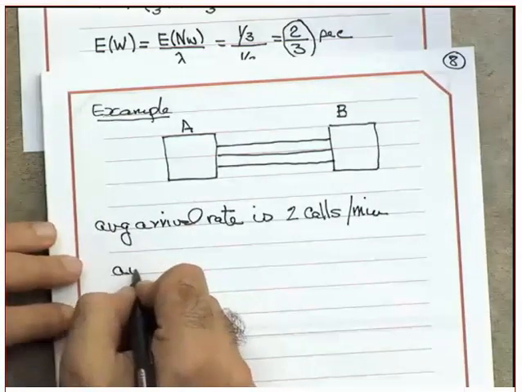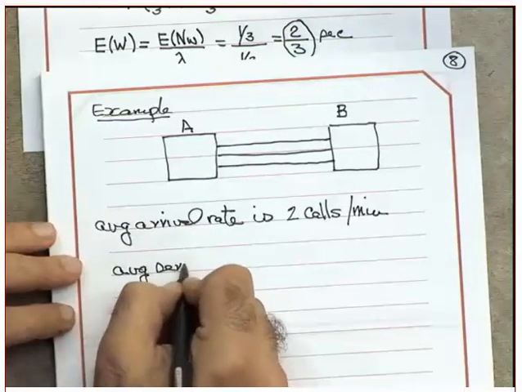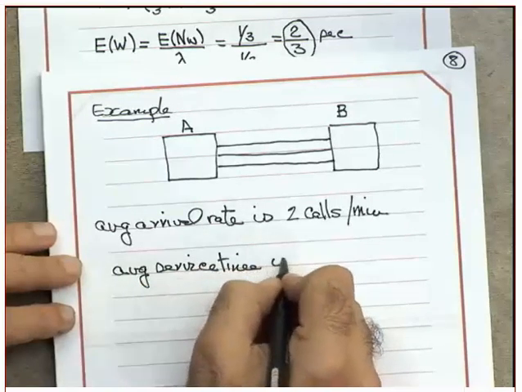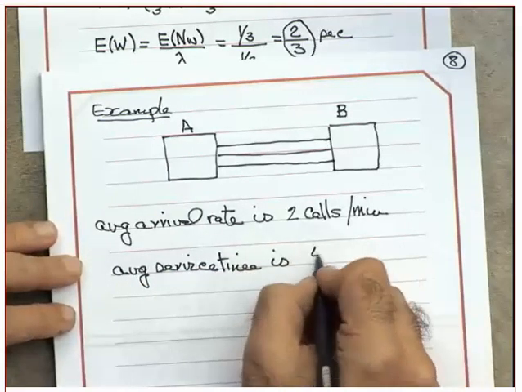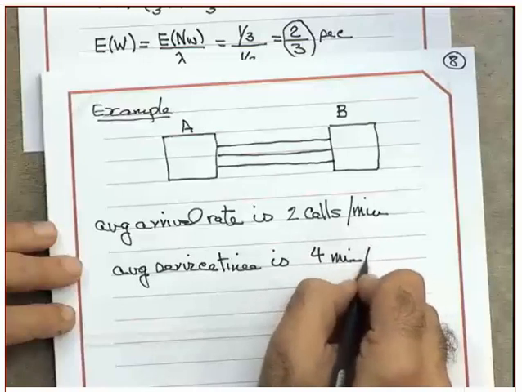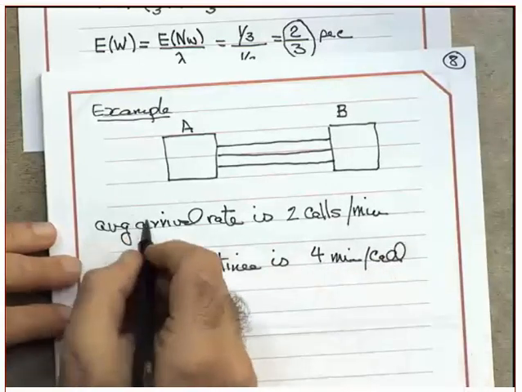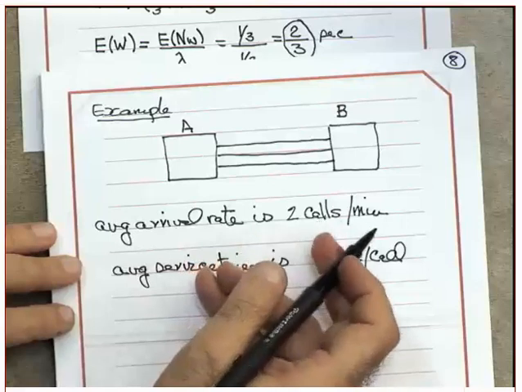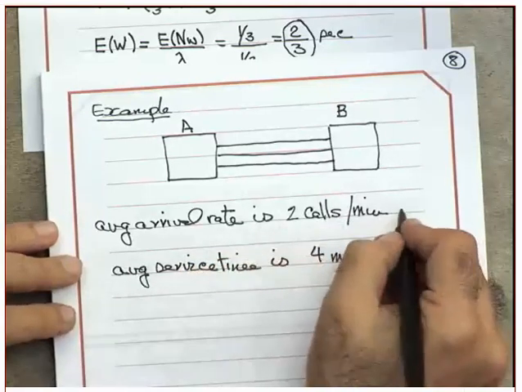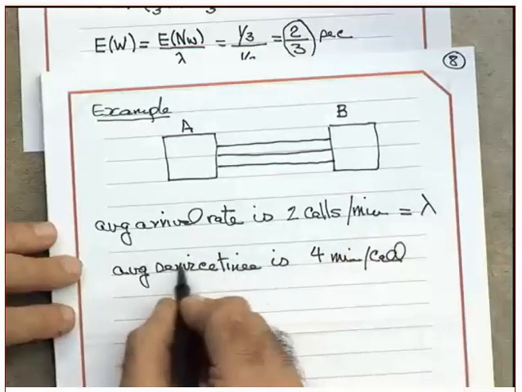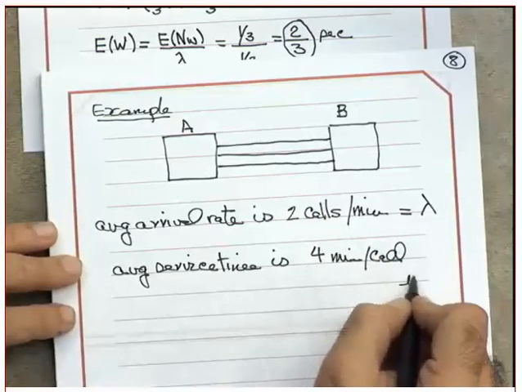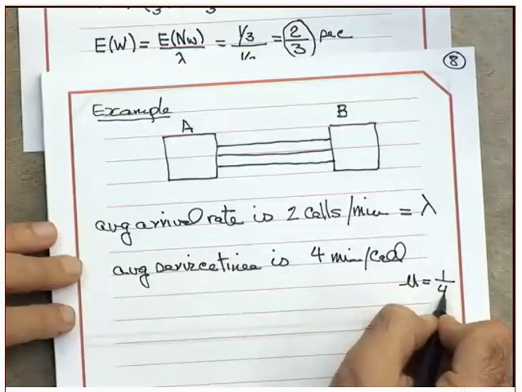And the average service time is, let's say, 4 minutes per call. When I say average arrival rate is 2 calls per minute, this is lambda. And average service time is 4. What does it mean? Mu equal to what? 1/4.